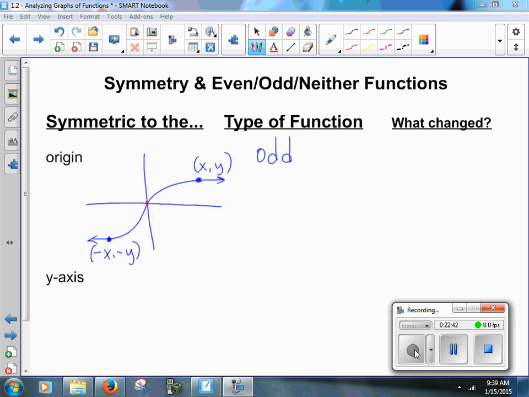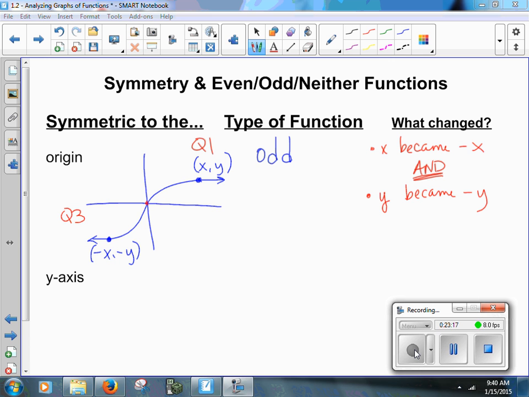Now, notice the ordered pairs. What changed from quadrant 1 to quadrant 3? What's negative? They're both changed into their opposites, didn't they? Okay? So, X became negative X. And, this is important, Y became negative Y. They became their opposites.